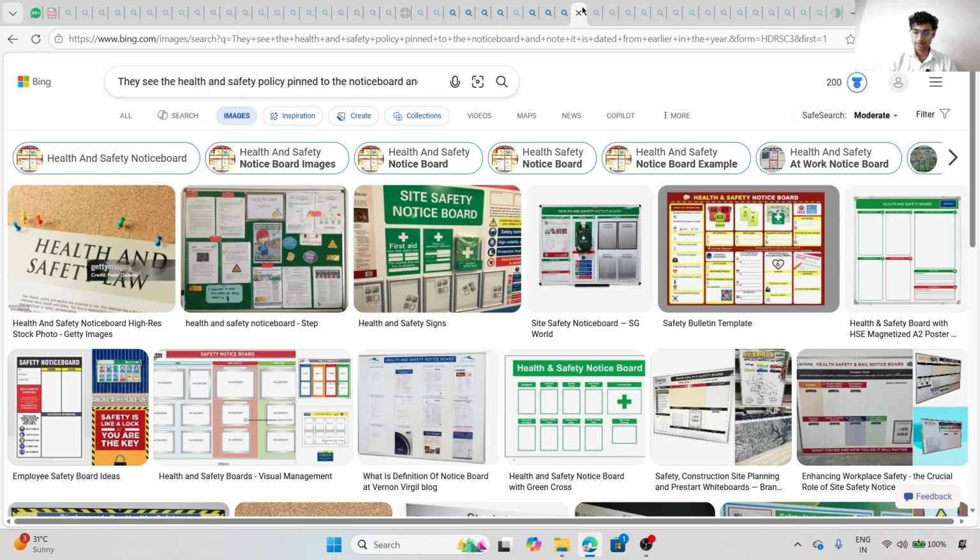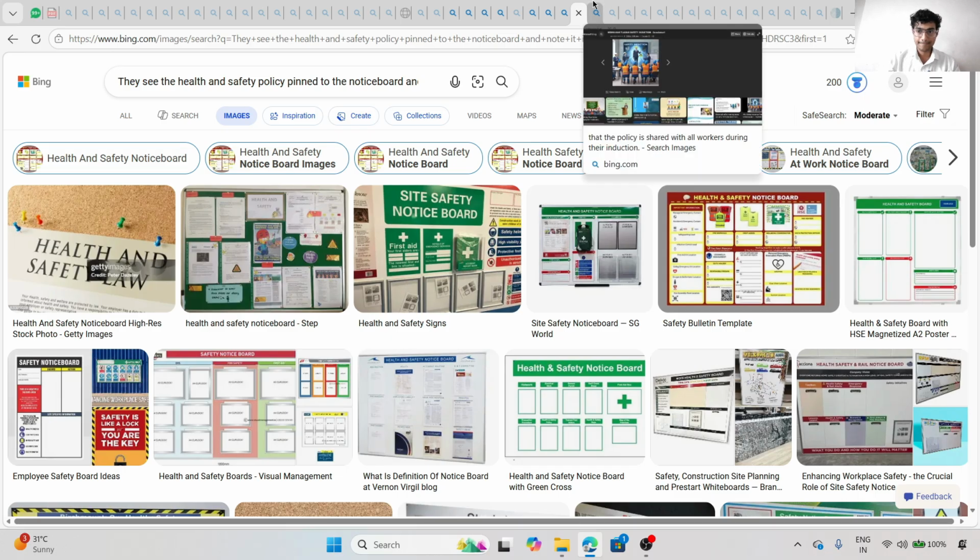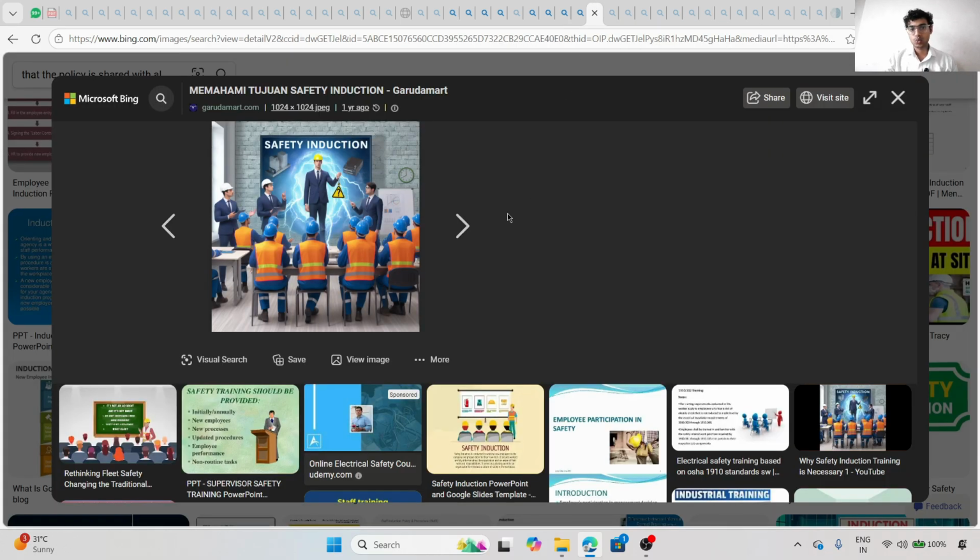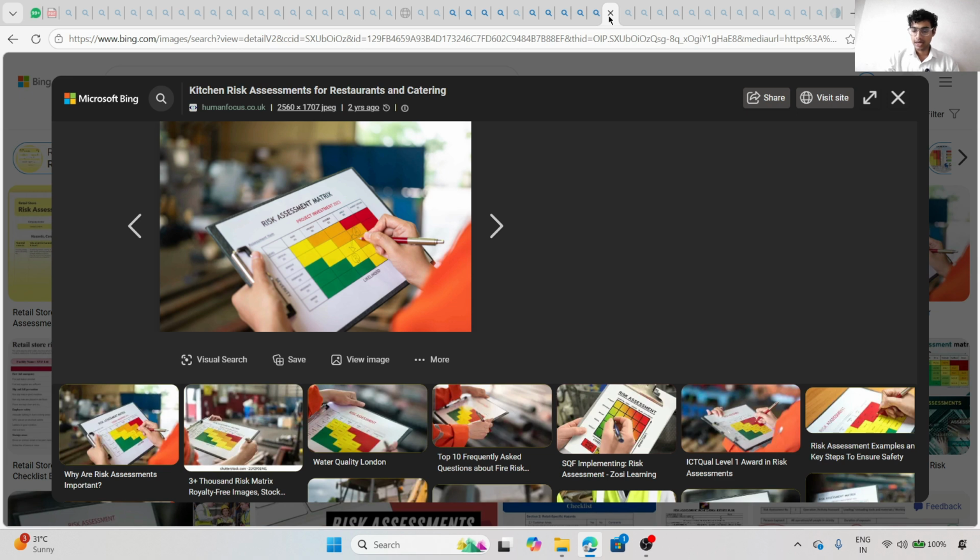Also, the inspector then reviews the risk assessment for the store. When the worker comes, they are given the induction, so all the information is with the workers and they have the knowledge of that. The risk assessment was also updated 2 months ago.